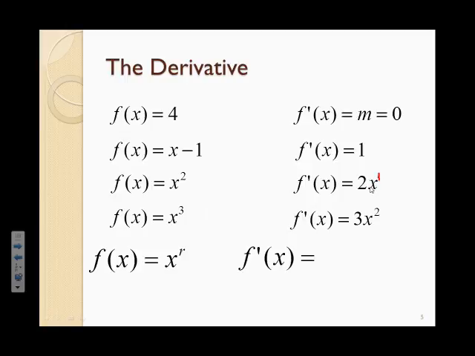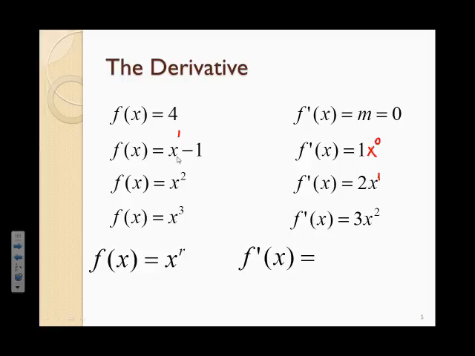And here, x, and then the x's disappear. Well, what's happening, actually, is that this is the same thing as x to the first power. And the derivative, when we look at it, that's the same thing as saying it's x to the 0 power.